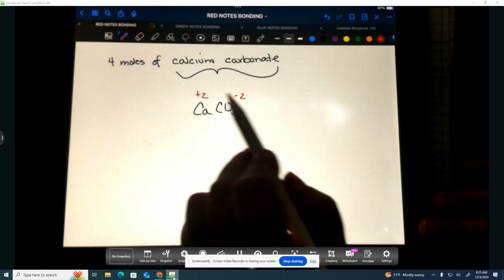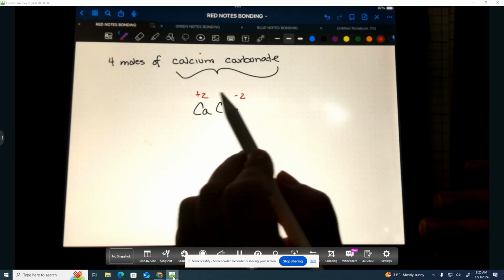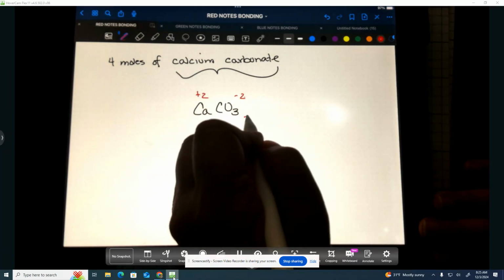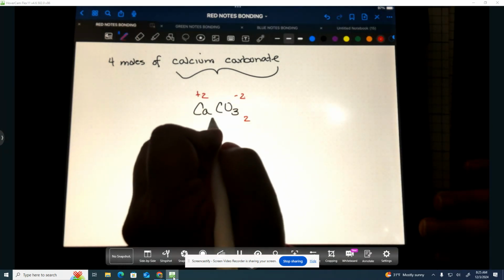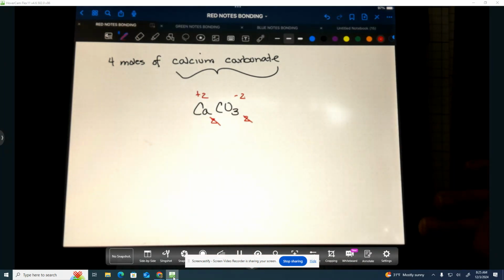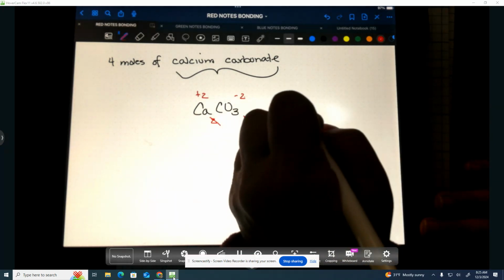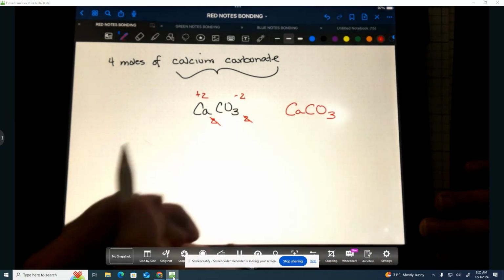Do you know where I got those numbers from? Okay. The calcium is a +2. That 2 is going to come down here. That -2 is going to go down here. They're going to cancel each other out. We're going to end up with CaCO3.